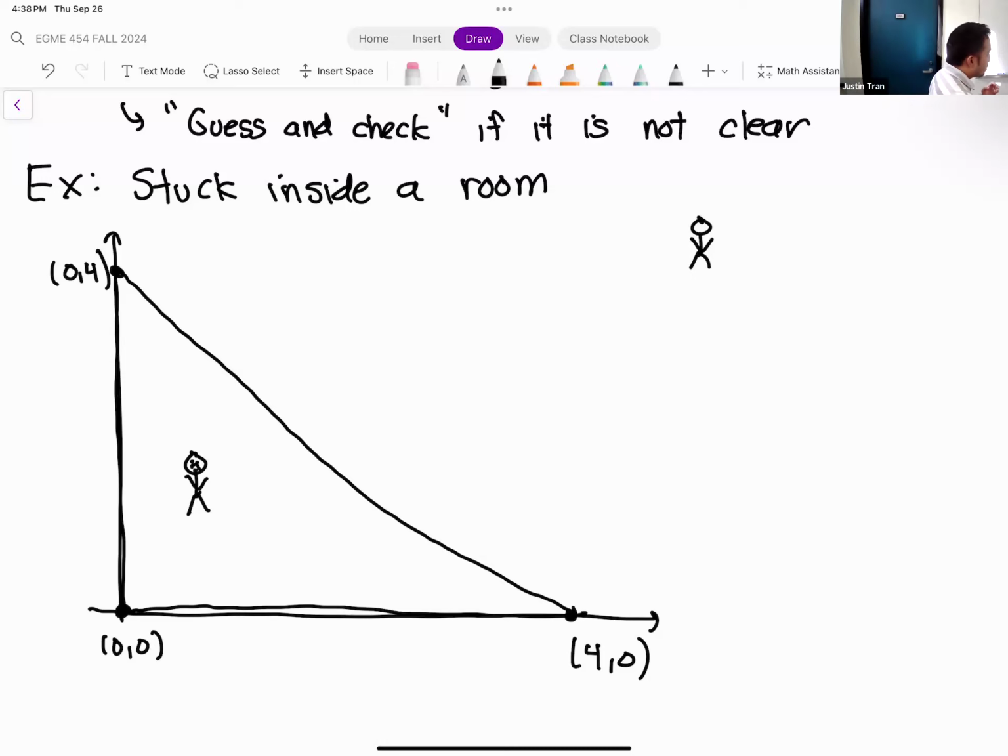And then let's say that this person is located at point 6, comma, their exact Cartesian position. All right. So to get out of the room, you have to get help from this person. That's the only person you've seen in hours, right? But the room, unfortunately, is very insulated. So your voice doesn't carry outside. So the only way for you to get this person's attention is to get as close as you can to his location while still within the room.